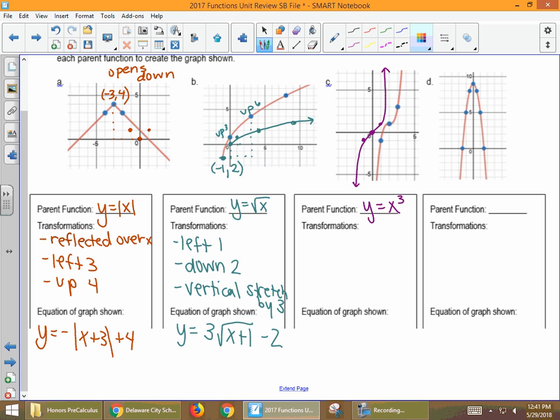So that's what our normal graph looks like, our parent function. Here, that center point has been moved right 2, up 1. And then instead of over 1, up 1, we have over 1, up 2. So that is going to be a vertical stretch by 2.